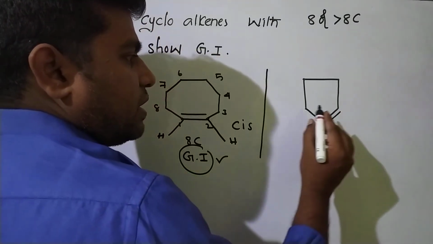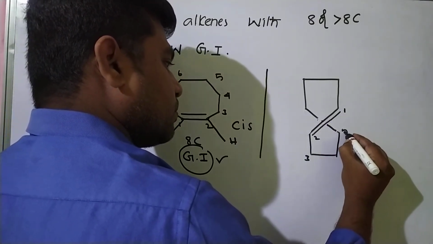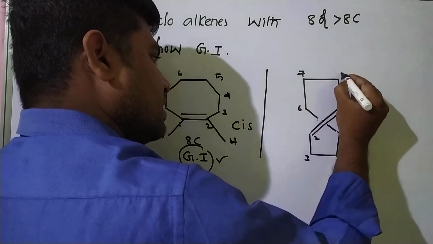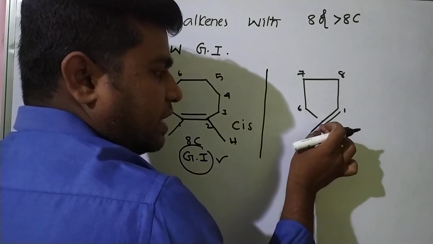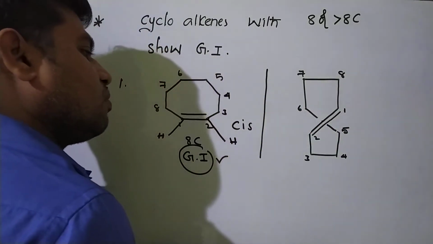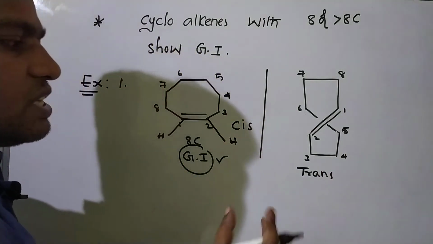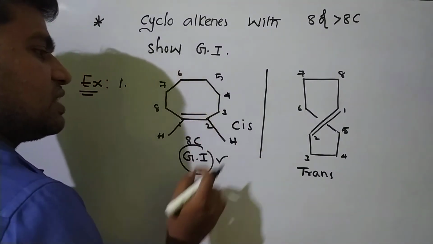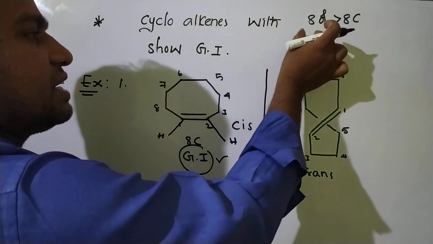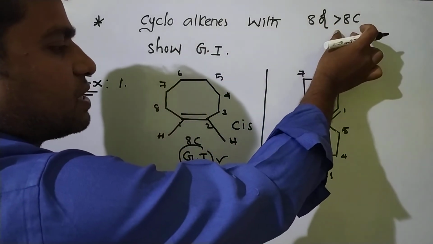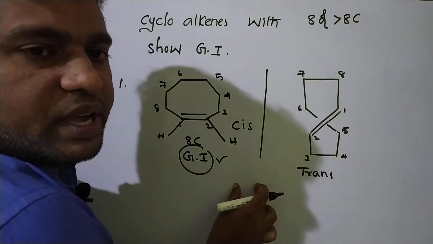Here 1, 2, 3, 4, 5, 6, 7, 8 carbons. Please take care while writing the structure. Okay, this is the trans isomer. And this is the cis isomer. So if the given alkene has 8 carbon atoms or more than 8 carbons, definitely that alkene will give geometrical isomerism. Okay, so please note.